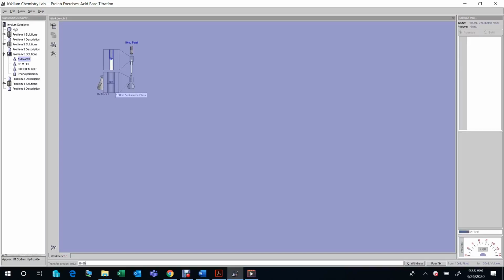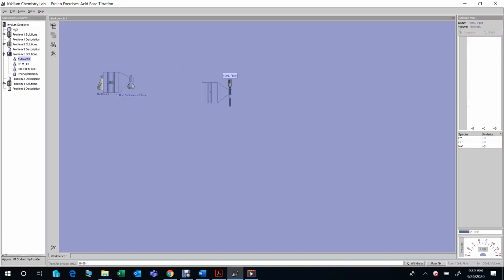So when the solution level reaches this line, it means the solution is exactly 10.00 milliliter. Same thing for this flask. You see there's also a line, and when the solution level reaches here, it also tells us the volume is 100 milliliter. Okay, then we can do pour.